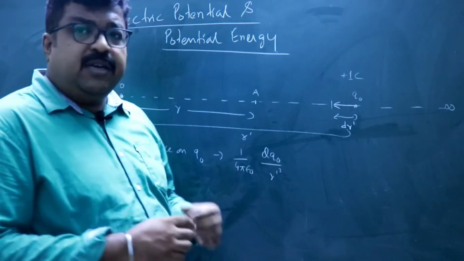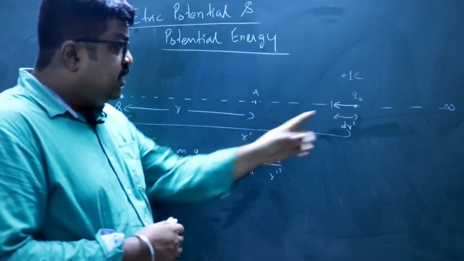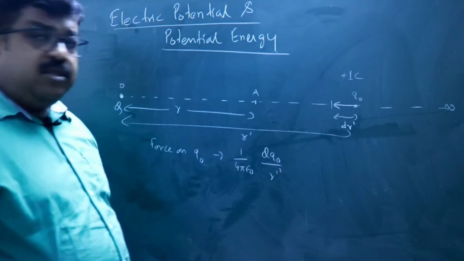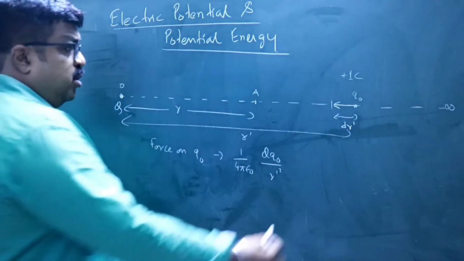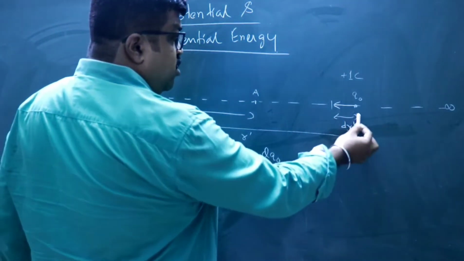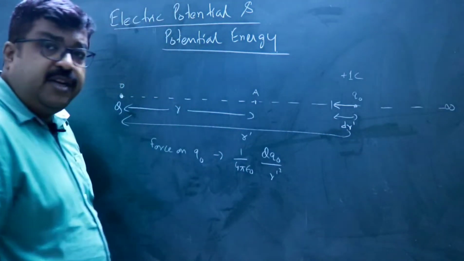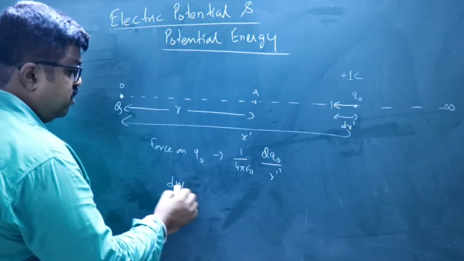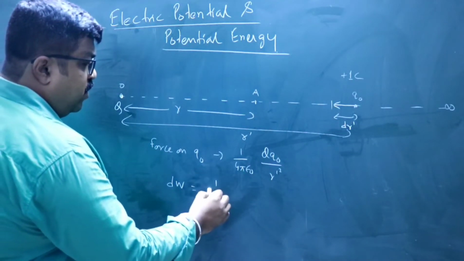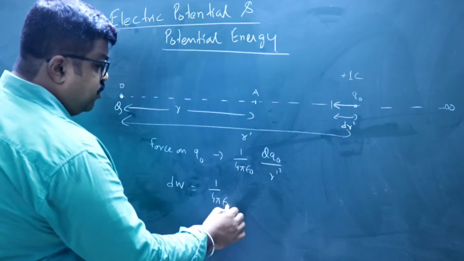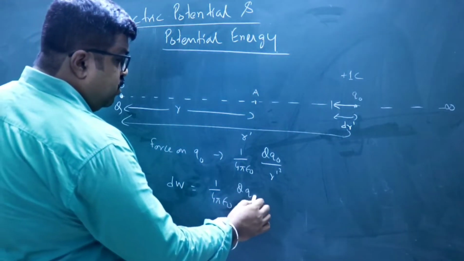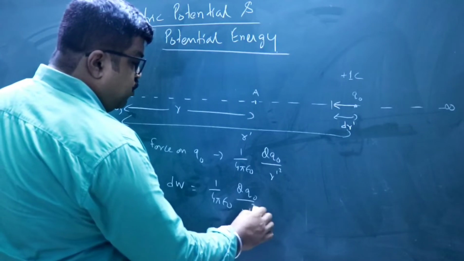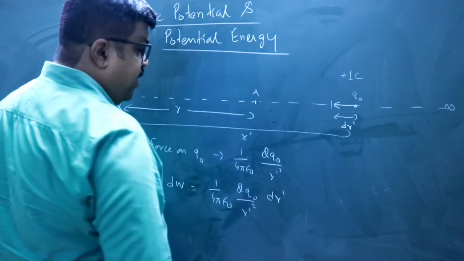It is slightly greater than this, but in the limiting case we can assume that the applied force is almost equal to this force. So in order to move this Q naught through a distance dr prime, the work done will be dW is equal to 1 by 4 pi epsilon naught, Q Q naught by r prime square, dr prime.